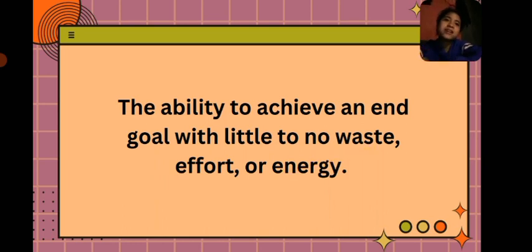To explain it in simple words, it is the ability to achieve an end goal with little to no waste, effort, or energy, or any resources. Being efficient means that you can achieve your results by putting the resources you have in the best way possible. So it is doing things to achieve massive or productive outputs through utilizing your limited or scarce resources in the best way possible.